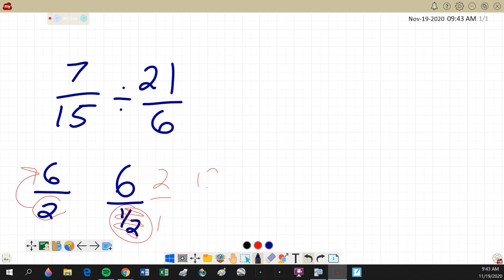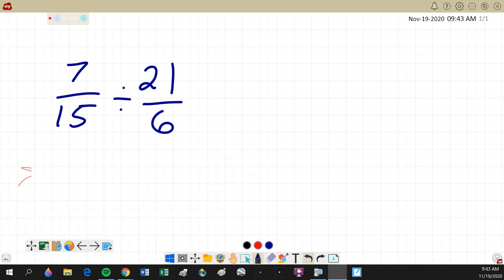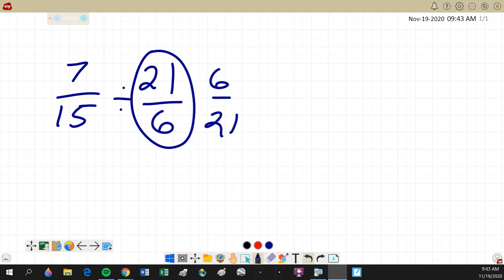6 times 2 is 12, and 1 times 1 is 1. So anytime you have a fraction divided by a fraction, the method is really simple. You flip this upside down and you change it to a multiply problem. Does anything on top cancel anything on bottom? 7 goes into 21 3 times.